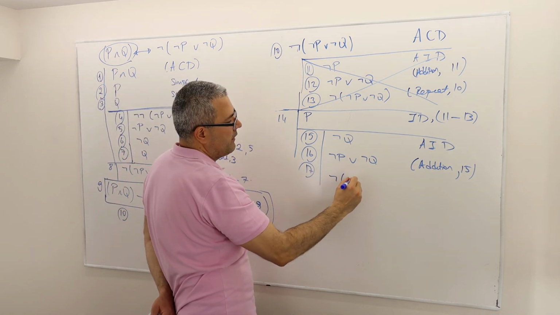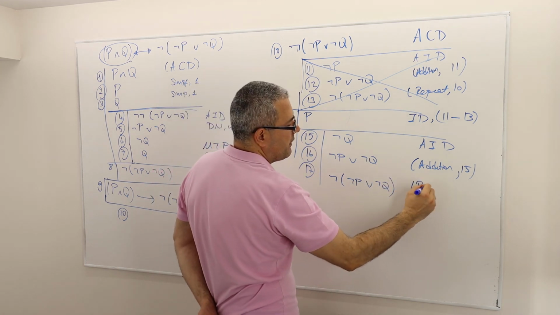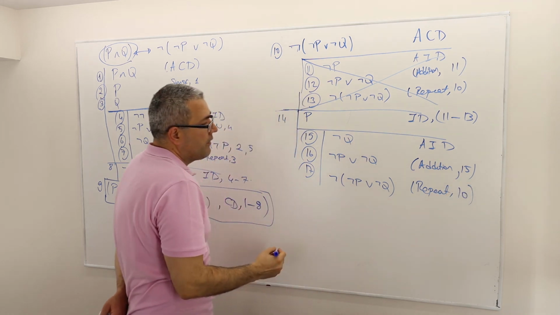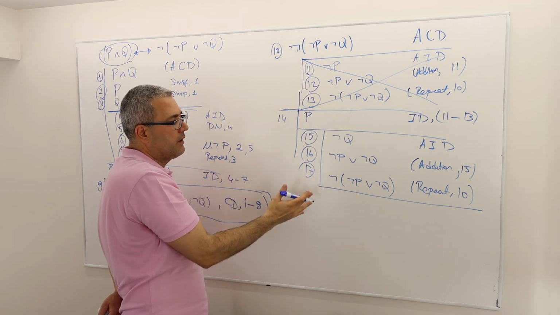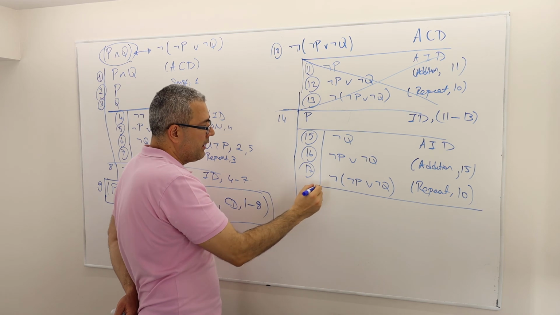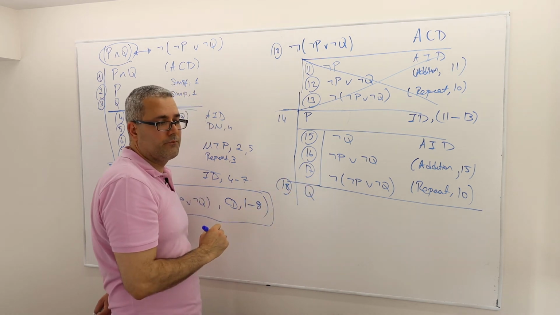So this is repetition of line 10. That means I got a similar contradiction, meaning not Q should be false, implying in line 18, Q must be true.